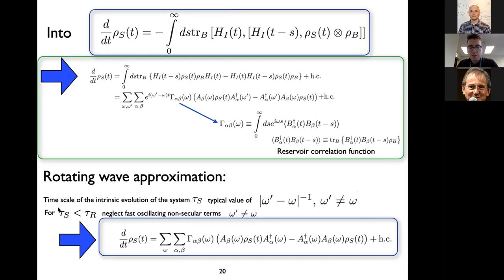So this tau s is very small, such that its inverse is going to be very large. So when we have an exponential with a very large value in its exponent, we can expect this to oscillate very quickly.